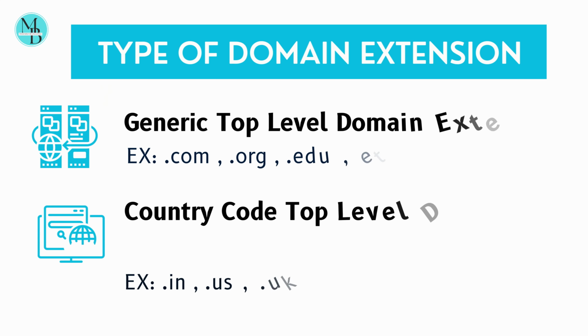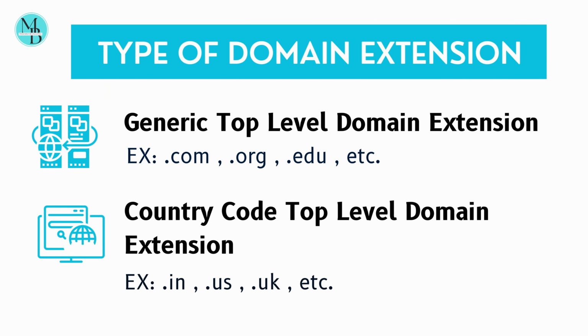Next, we have learned about the domain name system, which is a phone book of registered domain names along with their IP addresses. Next, we learned about types of domain names. There are two types: first, generic domain name, and second, country code domain name. As a blogger, we generally go with the generic domain name, that is .com.